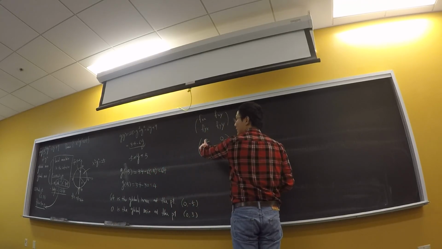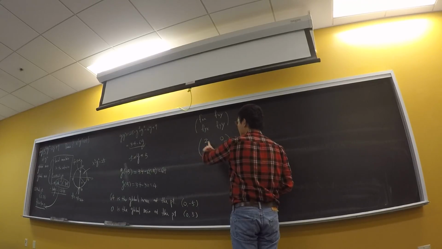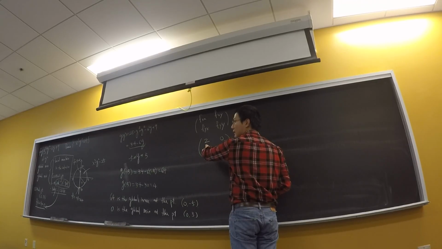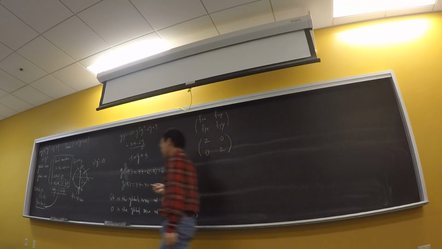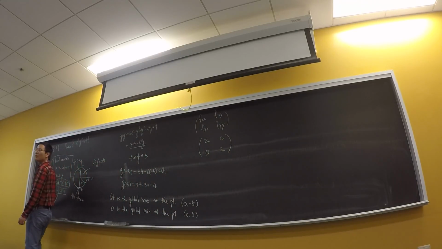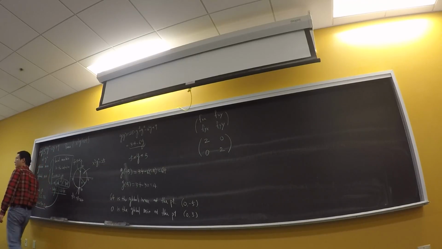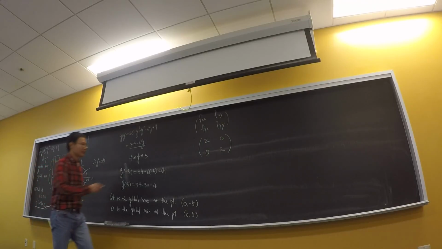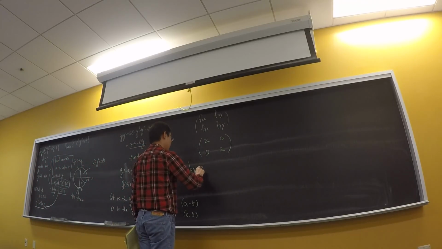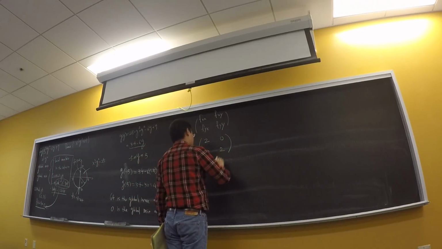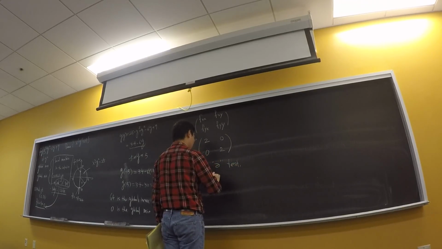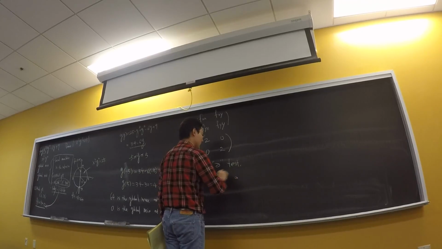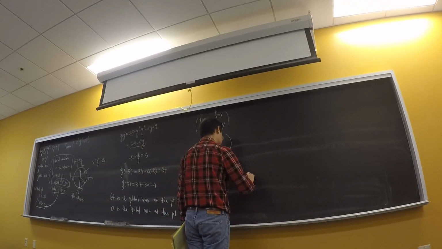So this is a positive definite matrix. The determinant is positive. fxx is also positive. So by the second order derivative test, this is exactly a local minimum. So by the second order derivative test, (0, 3) is a local minimum.